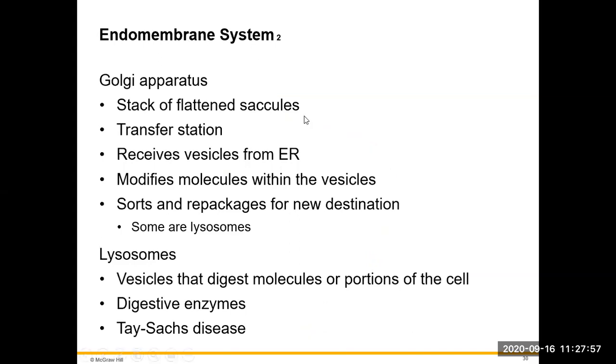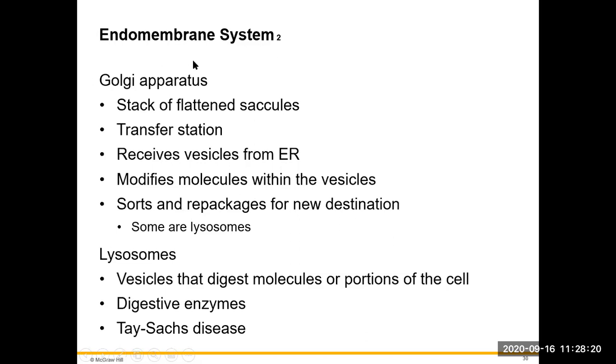Golgi apparatus. Golgi is a stack of flattened saccules. As I told you, saccules are just sacs. And this is the transfer station. It receives vesicles from the endoplasmic reticulum, modifies molecules within the vesicles, and then sorts and repackages them for a new destination.